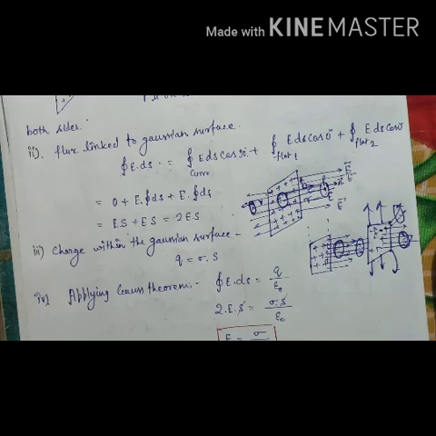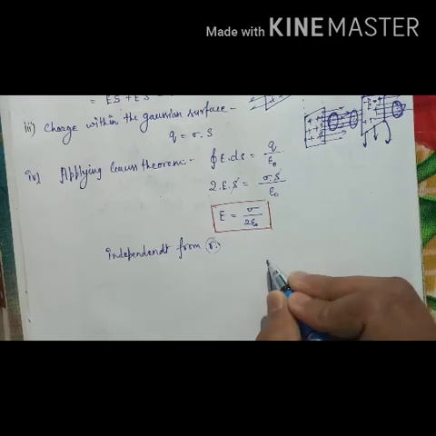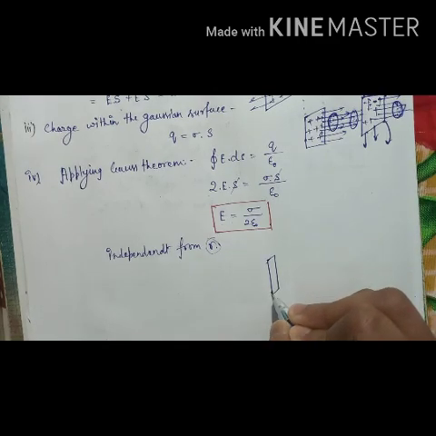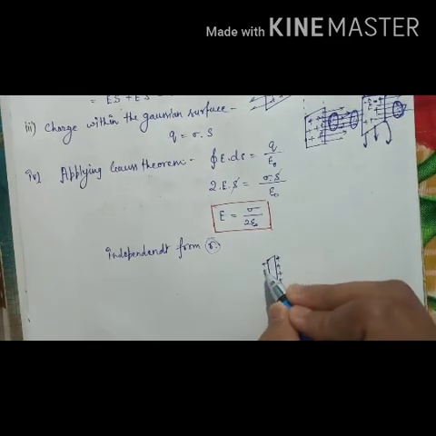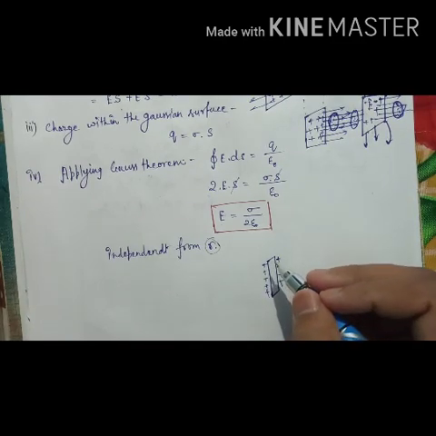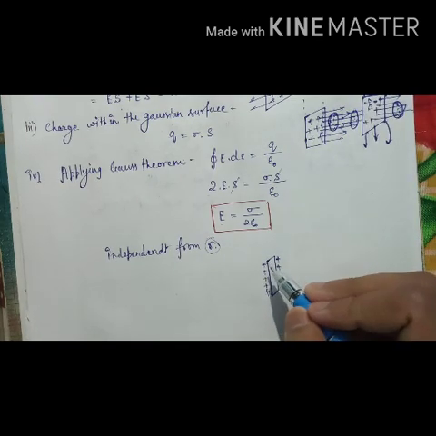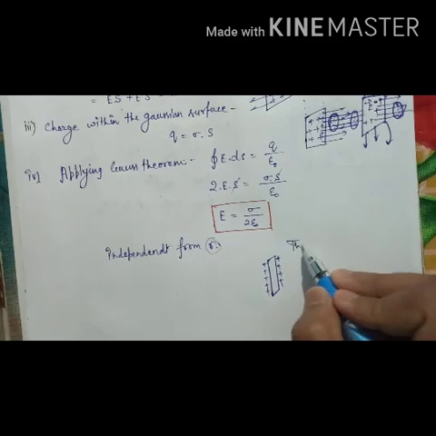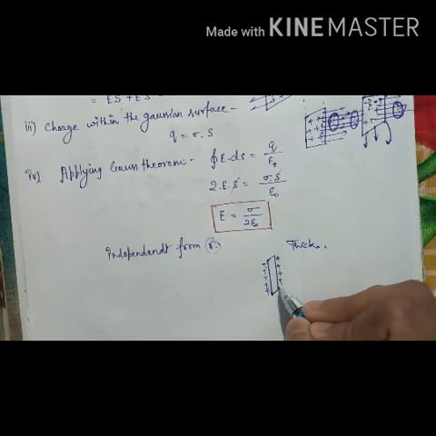Whenever we take a sheet, it has two surfaces, like this is the sheet, and here we have positive charges, and here positive charges separate out. But if we take one sheet, we never say very thin. For a thick sheet we use two surfaces, one is this surface and another one is this surface.